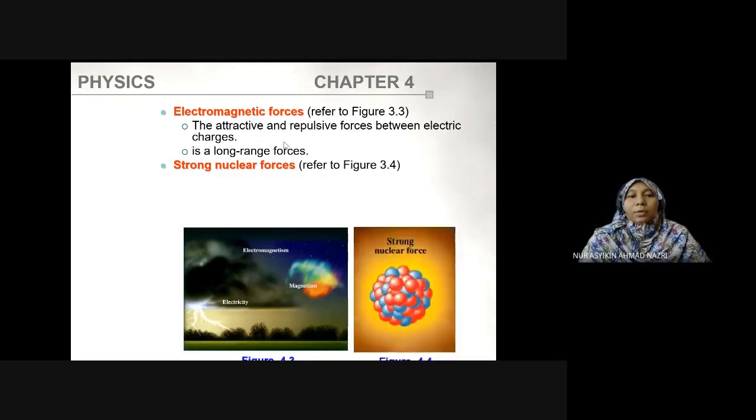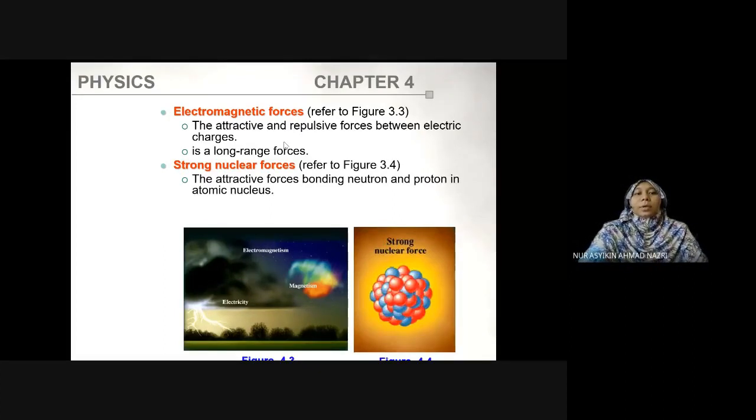And then strong nuclear force. Force yang dari nuklear tu je. Attractive force bonding neutron and proton in atomic nucleus. Dalam satu atom, dia ada nucleus kat tengah, dan around dia ada proton, neutron.